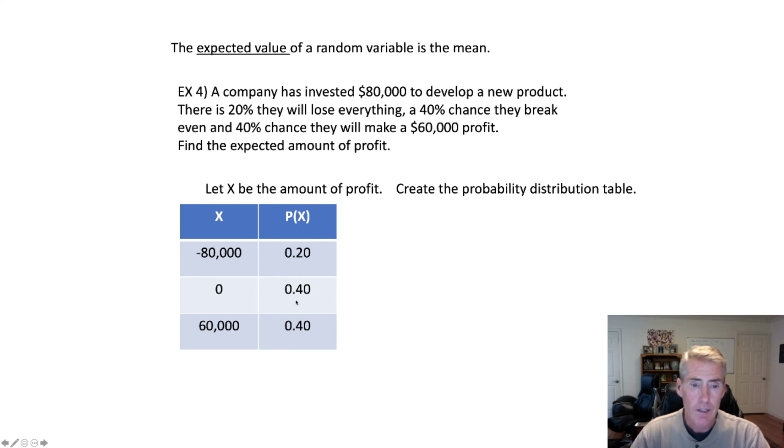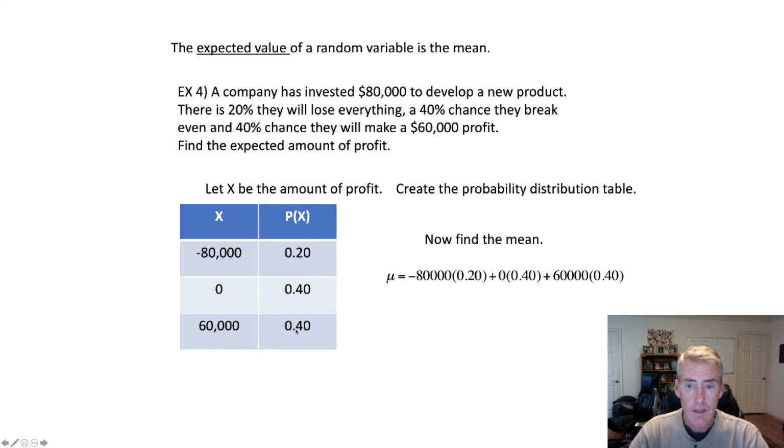So then find the mean. So multiply across, and multiply across. So negative 80,000 times 0.2, 0 times 0.4, and 60,000 times 0.4. It's a grand total of $8,000. Which means that if the company does this over and over again, in the long term, they'll make $8,000 on average each time.